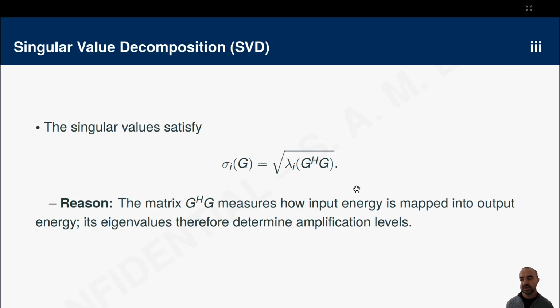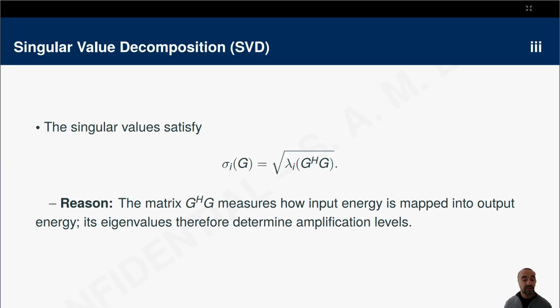The matrix G^H G measures how input energy is mapped into output energy; its eigenvalues therefore determine amplification levels. Let me explain this carefully. G^H G acts purely in input space. It tells us how input energy maps to output energy.